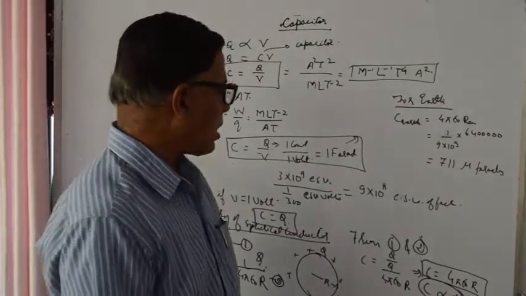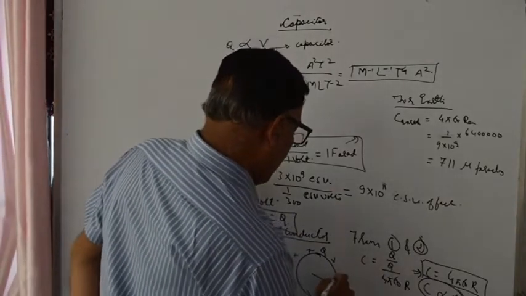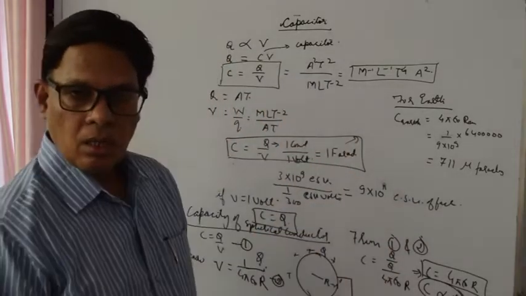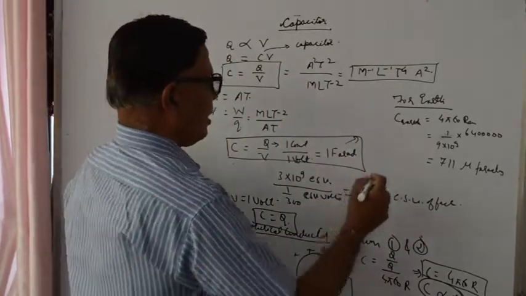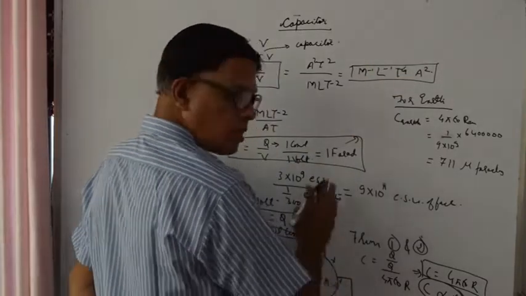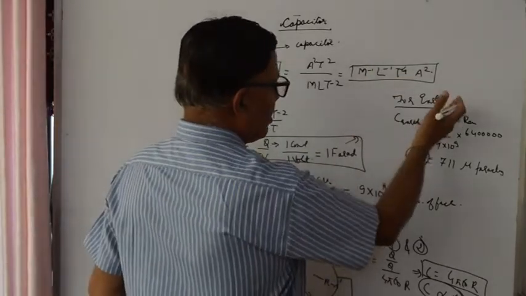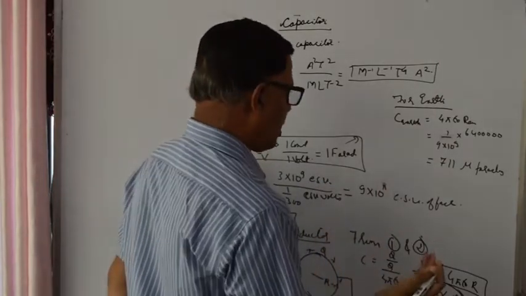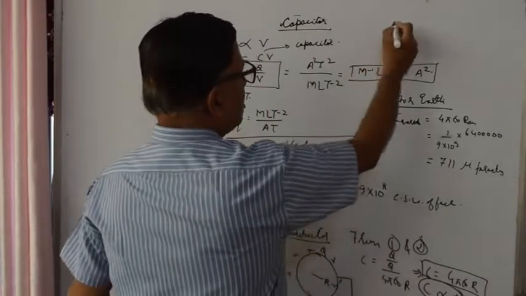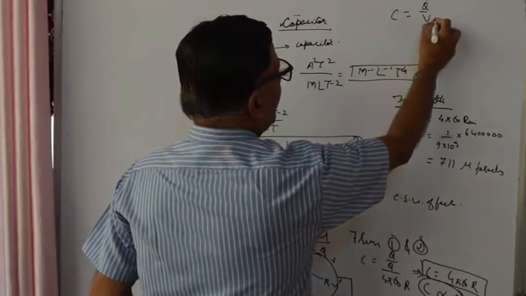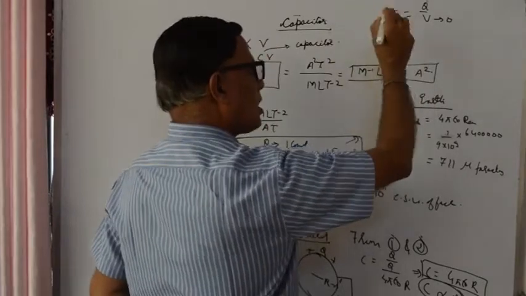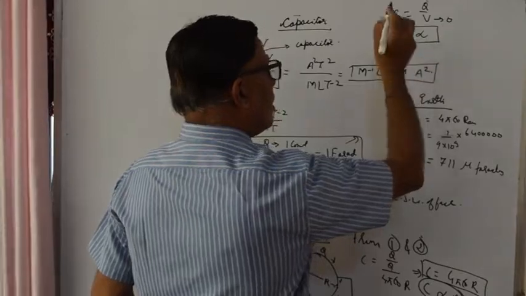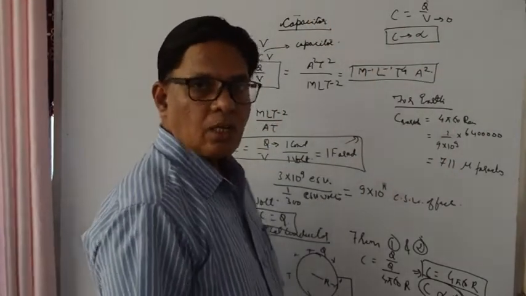So this is the capacity of the earth. Because the potential of a body becomes zero on earthing the body, if we put C is equal to Q upon V and V becomes zero, as in the case of the earth, then C tends to infinity. Thus the capacity of the earth is theoretically infinite.